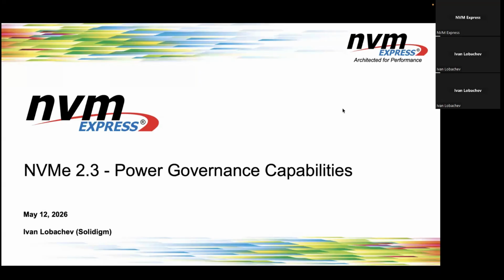Cool, thank you. So welcome everybody. Today we'll be covering the feature 23 hex, which was introduced in NVMe revision 2.3 of the spec. We'll be covering what it does, the thought process behind it, and how it complements the baseline that was previously defined in revisions 2.1 and 2.2.